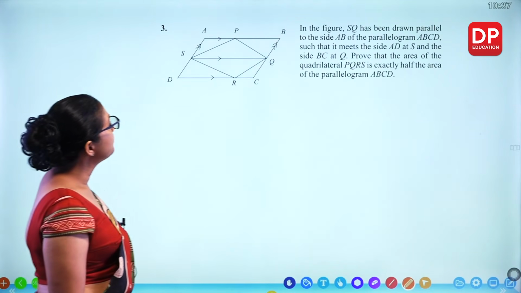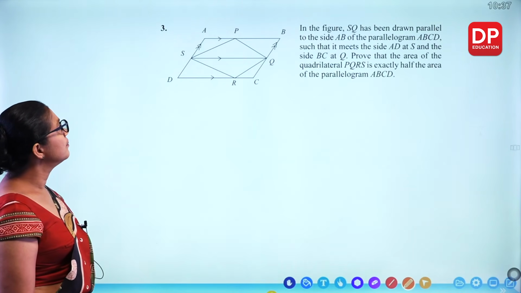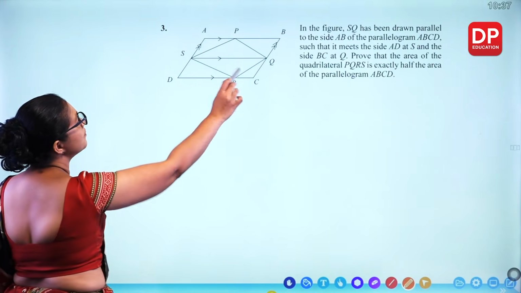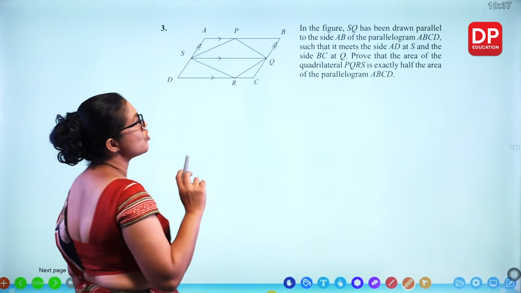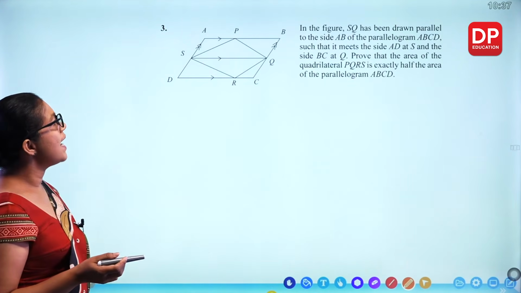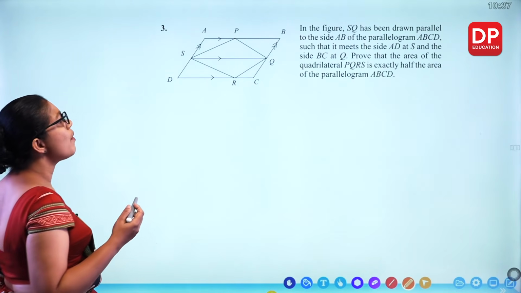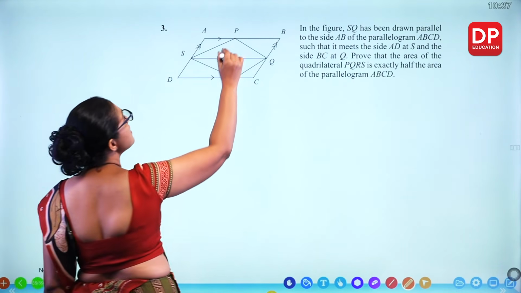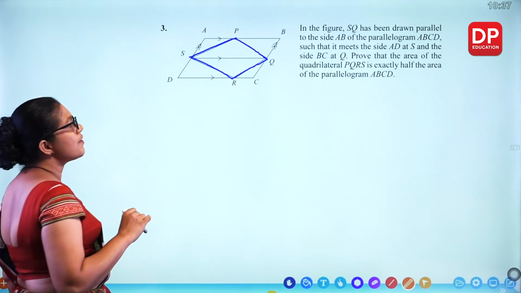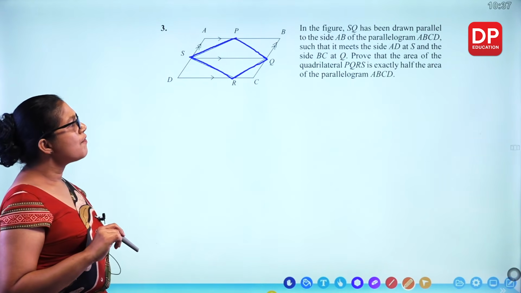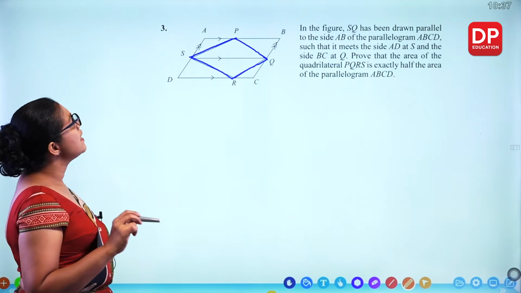Question number 3. In the figure, SQ has been drawn parallel to side AB. This one. And you have given ABCD such that it meets the side AD at S and side BC at Q. Prove that the area of quadrilateral PQRS. Where's PQRS? This quadrilateral is exactly half the area of the parallelogram ABCD.